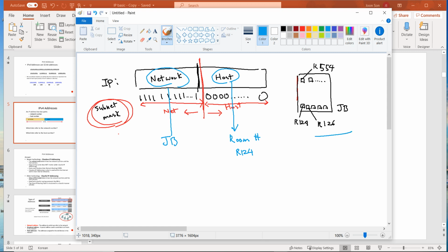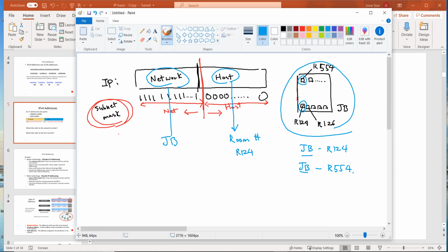So in essence the labeling is hierarchical, because we typically say Jack Brown, room 124, to locate it. And for this one, we'll say Jack Brown, the network portion, room 554, right? So this is a good analogy, okay?